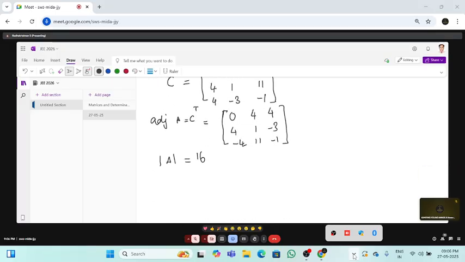So what is your X now? A inverse into B. And what is A inverse? 1 by det A, which is 16, into adjoint. So write the adjoint matrix.